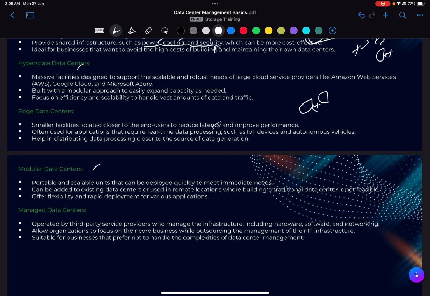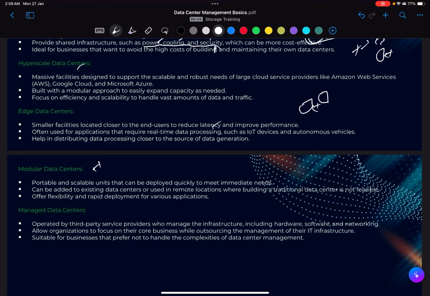So modular, as I said earlier, is container based, so it is a portable and scalable unit that can be deployed quickly to meet immediate need, can be added to an existing data center or used in a remote location where building a traditional data center is not feasible, offering flexibility and rapid deployment for various applications.